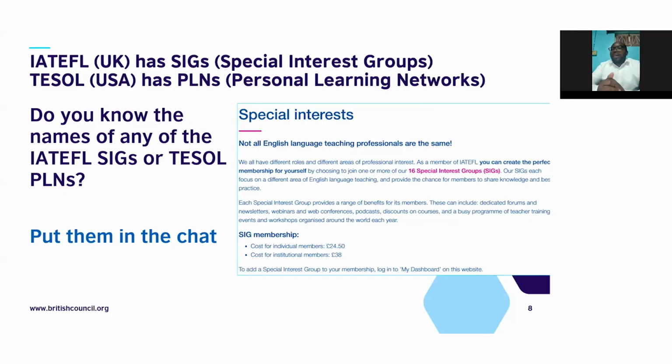So, most of us are IATFO members, I believe. And if you are not, please take time to join. Now, IATFO has 16 special interest groups. And TESOL USA also has a set of these special interests called PLNs, or personal learning networks.